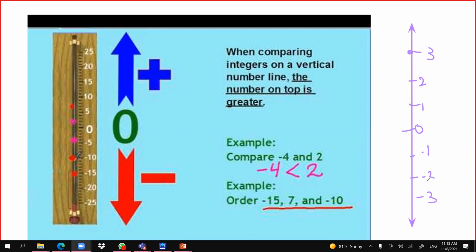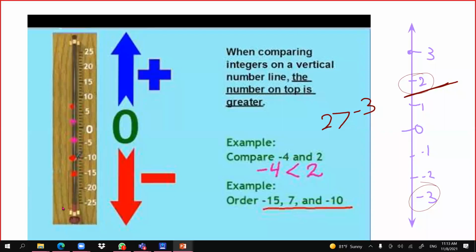So when you want to compare 2 and -3, since 2 is to the top of -3, 2 will be greater than -3. So the numbers that are to the top will be greater than the numbers to the bottom.